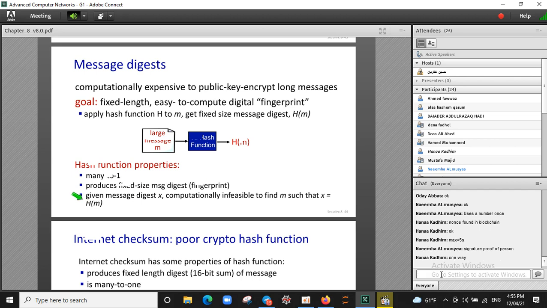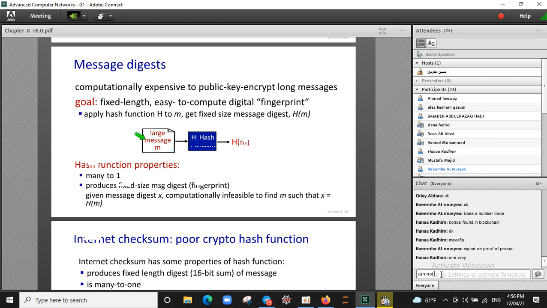Yes, that's correct. The hash function is one-way. It means that if I put a large message m into a hash function and receive hash function of m, I cannot put it back into the hash function to receive the original message.